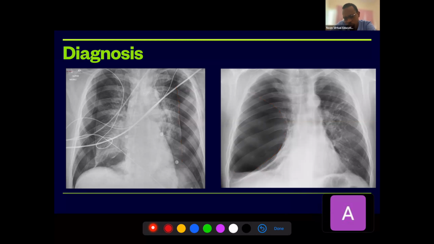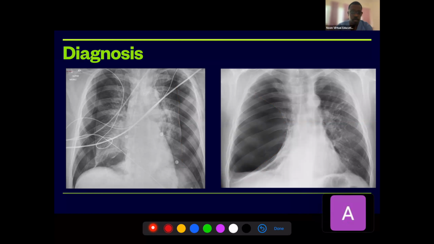You can differentiate between the bulla and the pneumothorax, and it is very important to know, because if you introduce a chest tube to a patient with a bulla, this will cause significant damage to the lung tissue and will convert the bulla to a tension pneumothorax or a simple pneumothorax. So it is very important to differentiate between both.